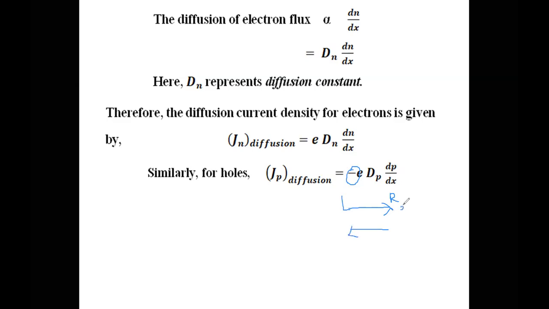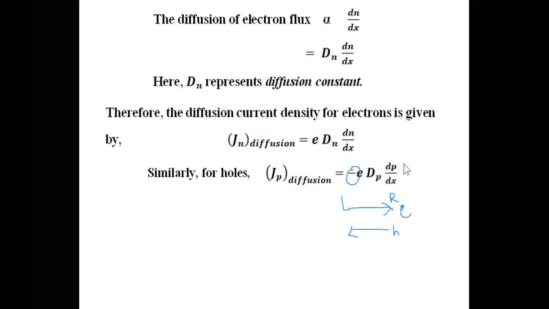This is due to electrons and this is due to holes. So the resultant current density will be the difference of these two. In order to get this difference, we are taking the negative sign. That means negative represents electrons and holes are moving in opposite directions.